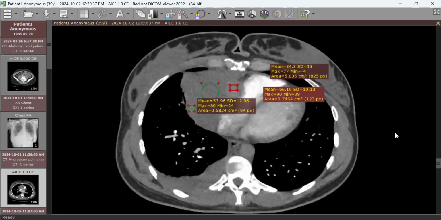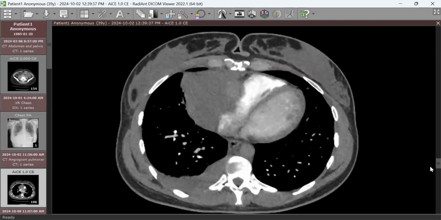Do you still think it's water density? No. Yes, it's heterogeneous, high density. It's heterogeneous, but it's not water density. Yes, right. It is extending, related to the right side of the heart.